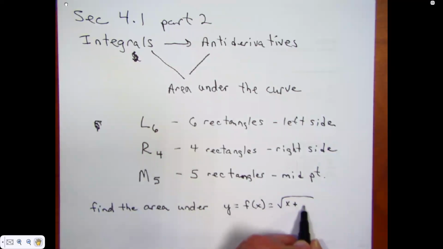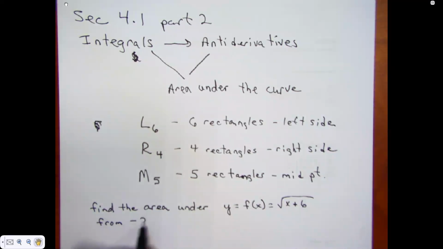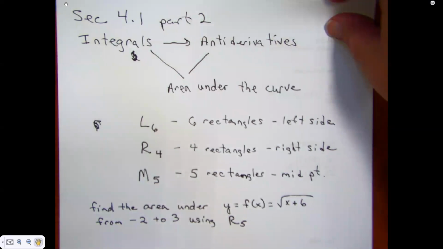The square root of x plus 6, from -2 to 3, using R5. So, slide that up.